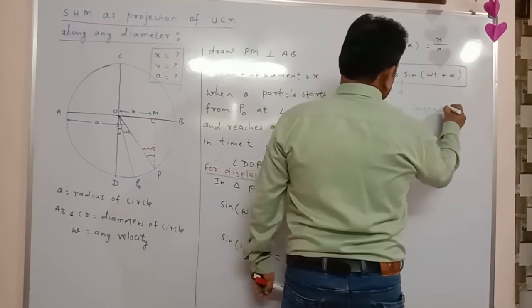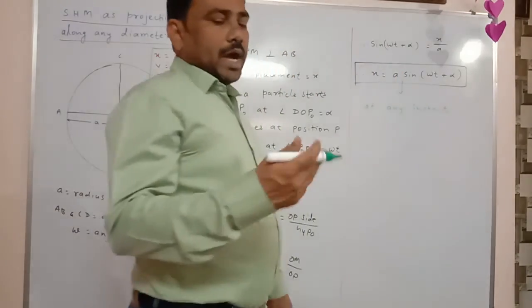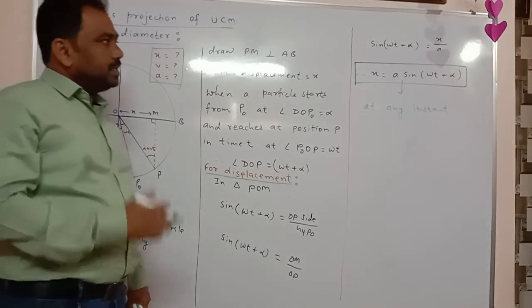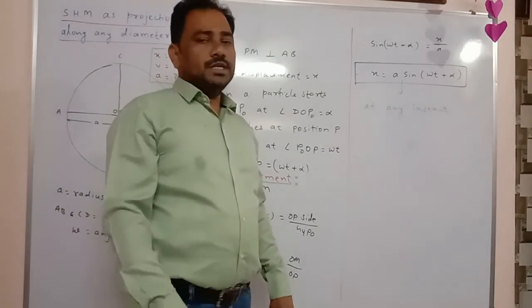This is most important: at any instant, the displacement is x equal to a sine of omega t plus alpha.